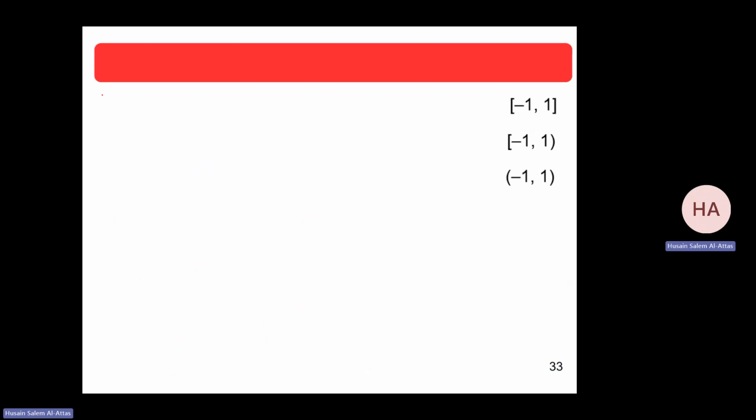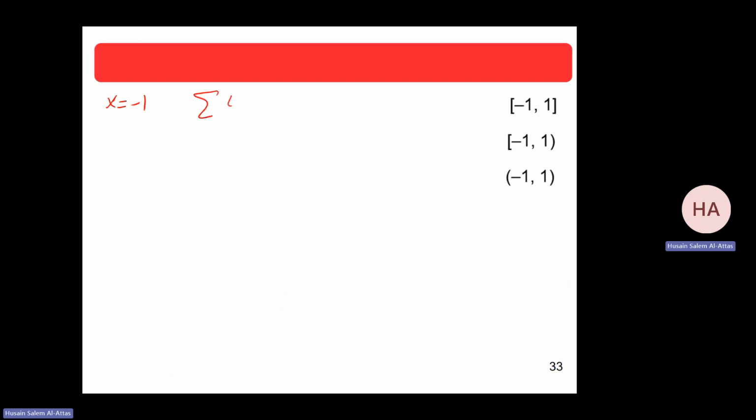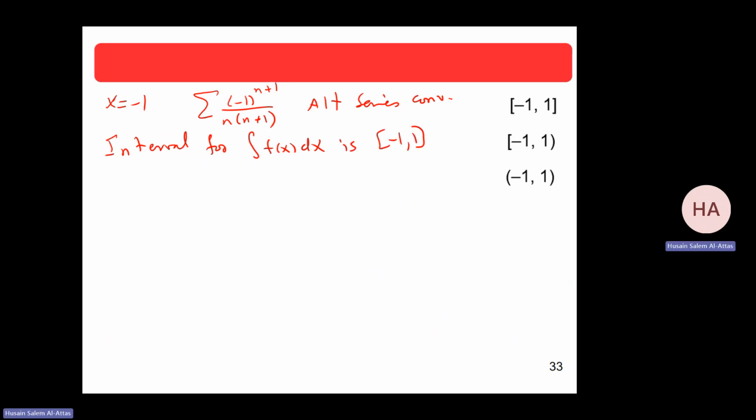Now for x equal minus 1, what will happen? It will be the series minus 1 to the power n plus 1 over n plus 1. Very clear, alternating series converges. So the interval for the integral of f of x dx is minus 1 to 1, the closed interval.